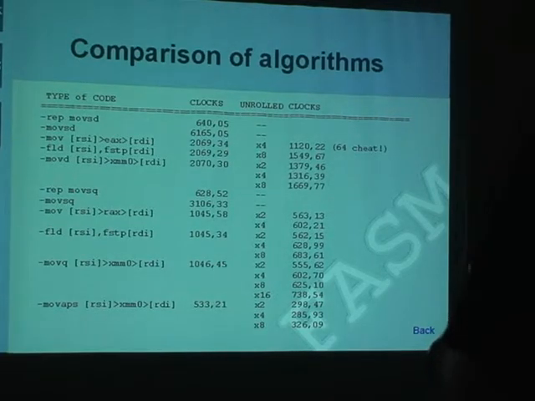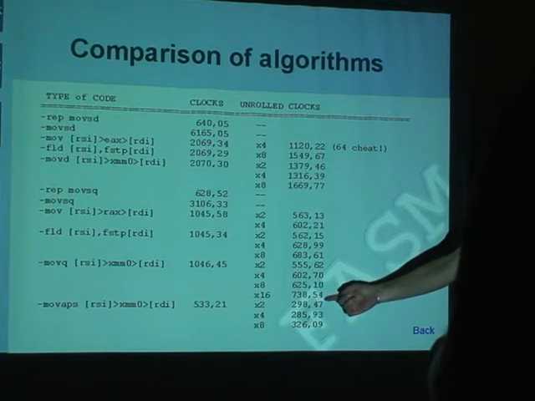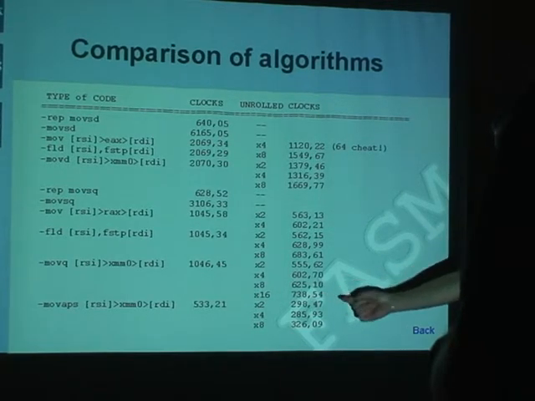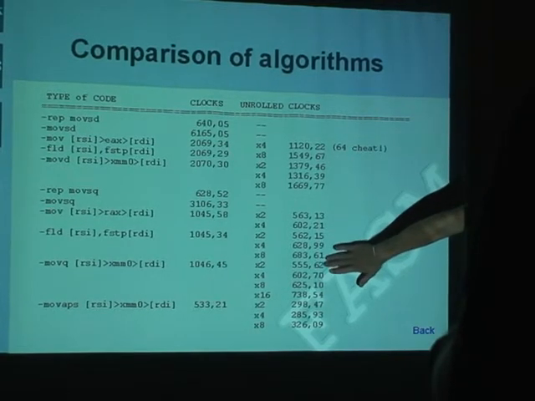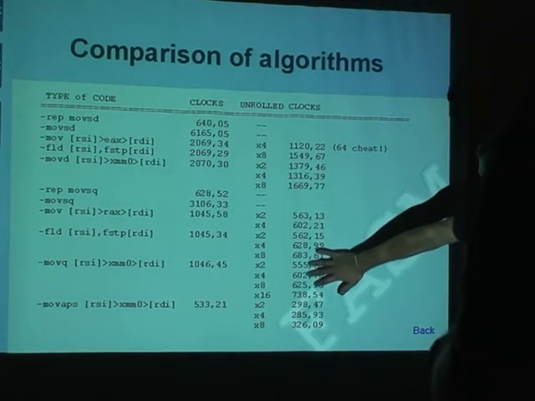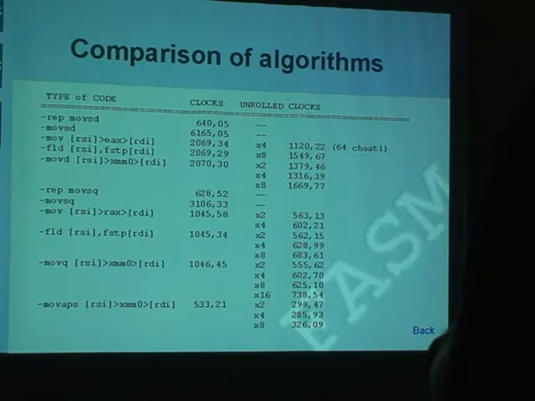I can't remember anymore. Was it 2 kilobytes or something? So these are comparable values. I didn't take into account the latency, so there might be some errors in here. And as you can see, too much unrolling can hurt the performance. So 2 times unrolling is some 500 clocks, and it climbs to 700 here.